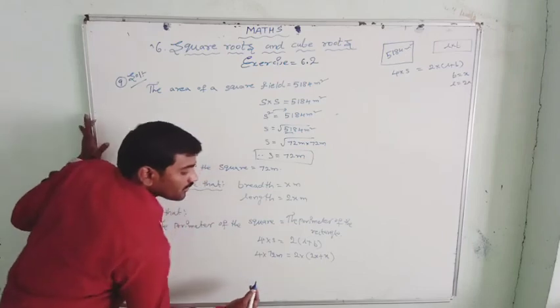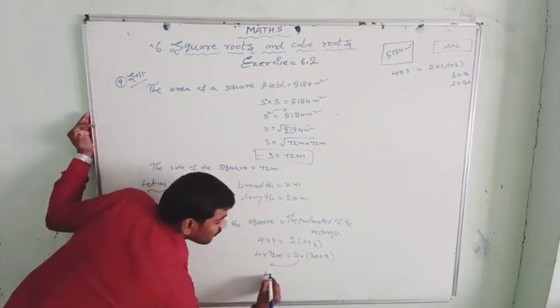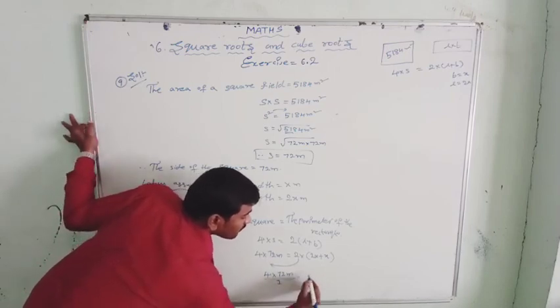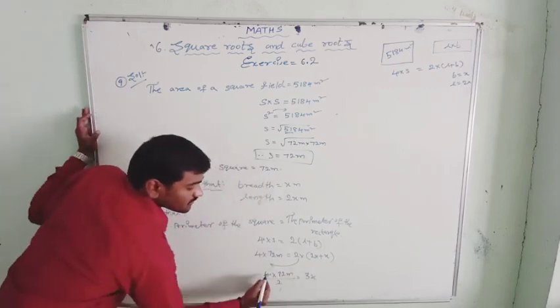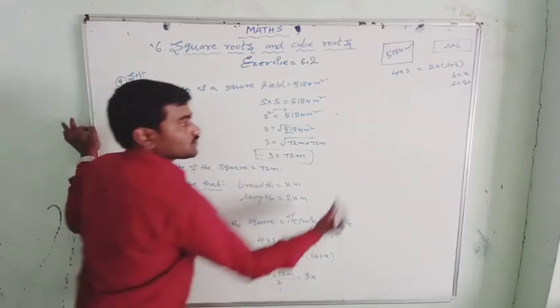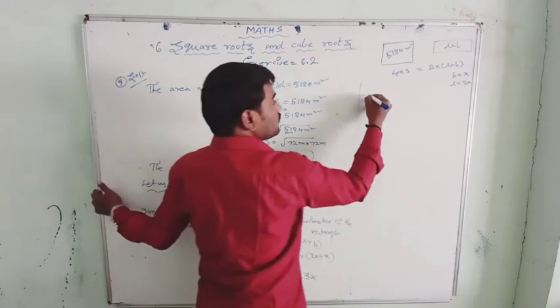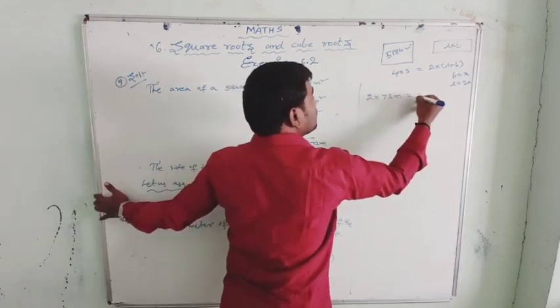Now this 2, you transfer to this side. What do you get? 4 into 72 meters by 2 equals 2x plus 1x, which is 3x. So let me write again: 2 into 72 meters equals 3x.